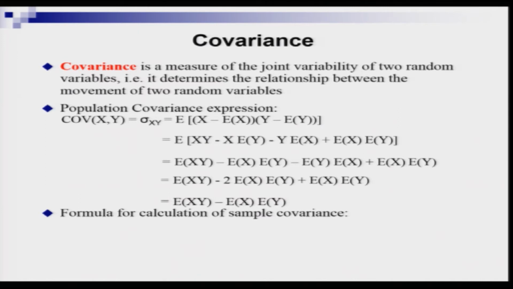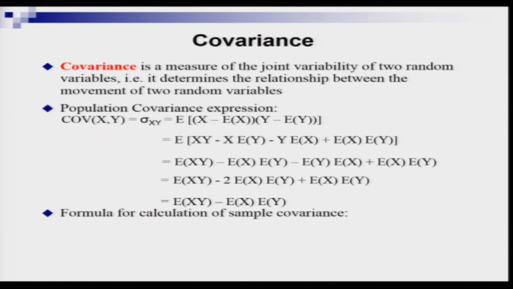It is basically multiplication of two constants. The expected value of a constant is that constant only. So hence you get back the same item at the end of the third line, right. Then you simplify further to get this expression: expectation of x y minus expectation of x times expectation of y.